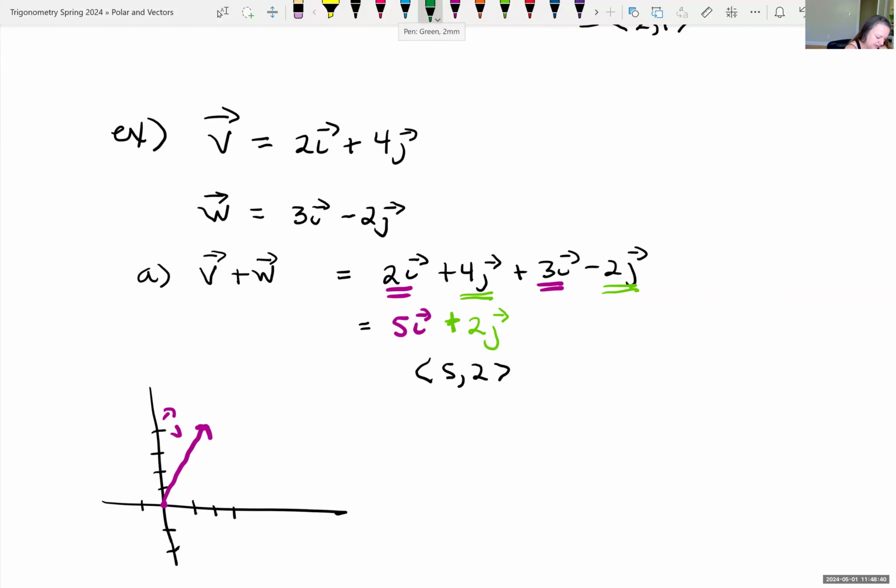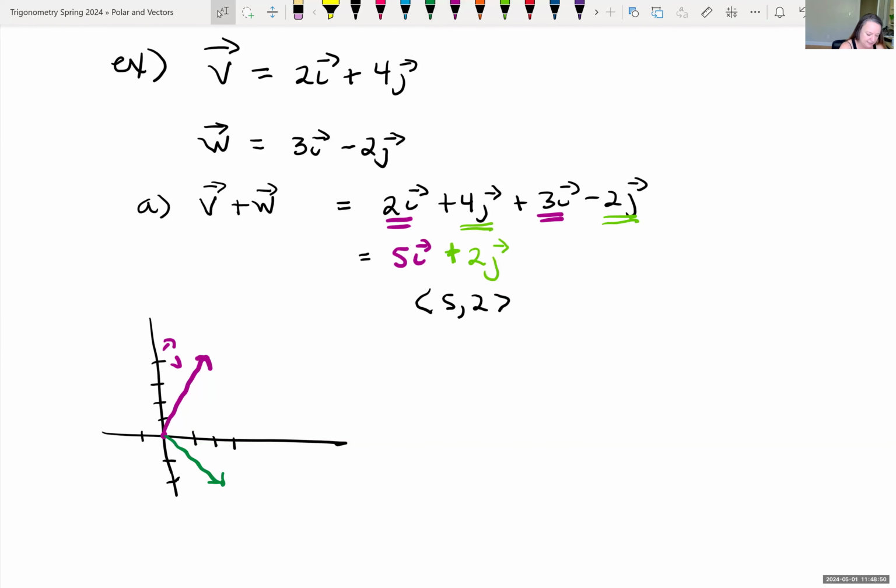Okay, so over 3, down 2 is right here. And let's also graph the resultant, 5i plus 2j.